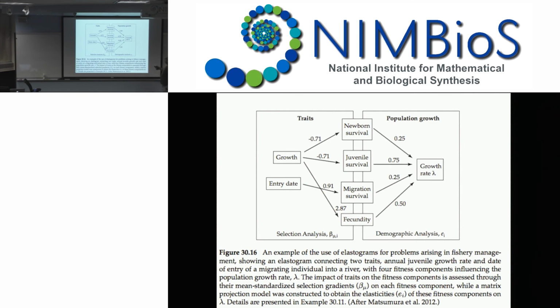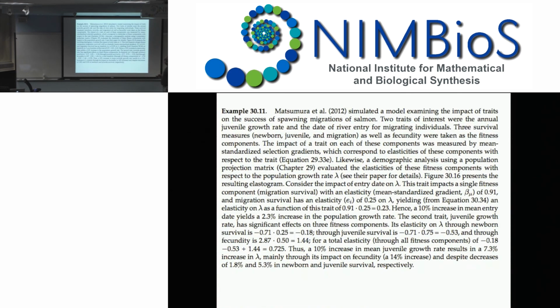What is the effect of the growth of the individual on the population growth rate? Well, it's simply that times that plus that times that plus that times that. That's the total impact of growth on population growth rate, and you can see the various components. What's the impact of entry date on growth rate? It's that times that. So you can go ahead and work that out there.